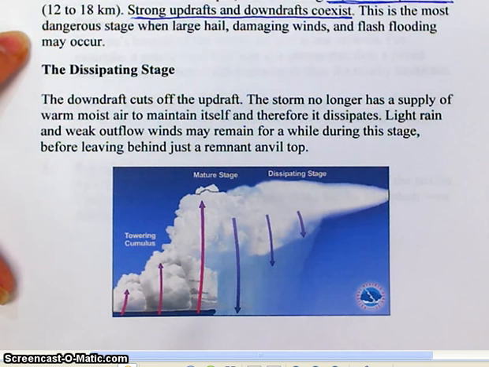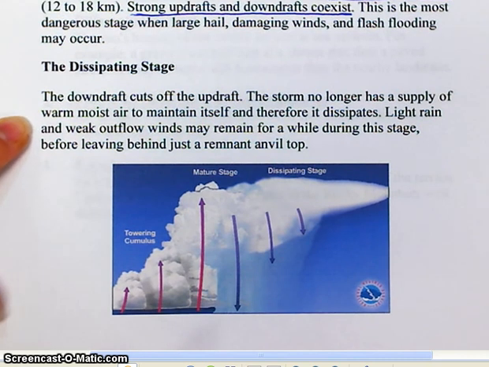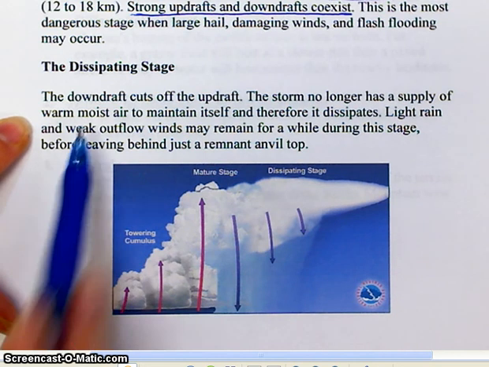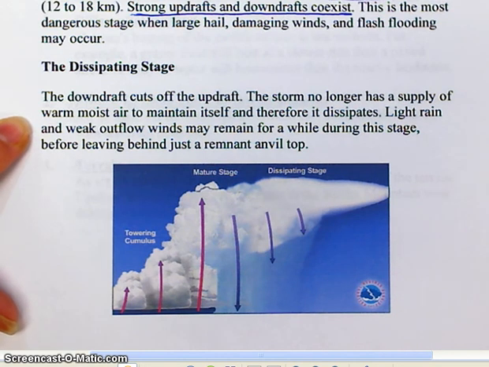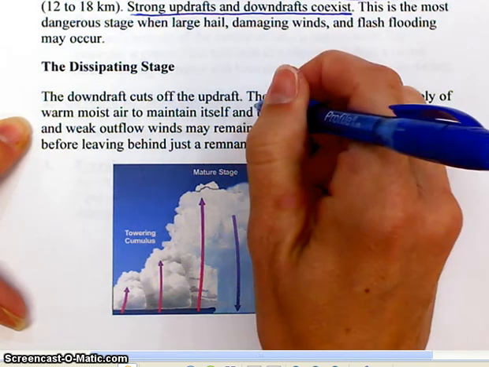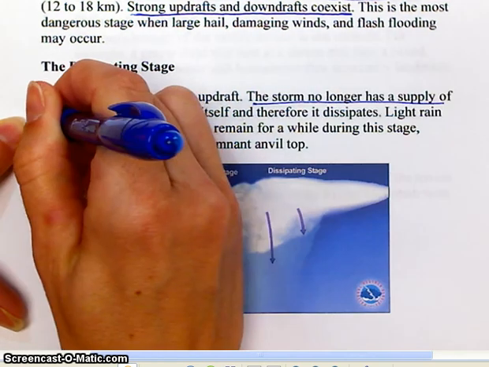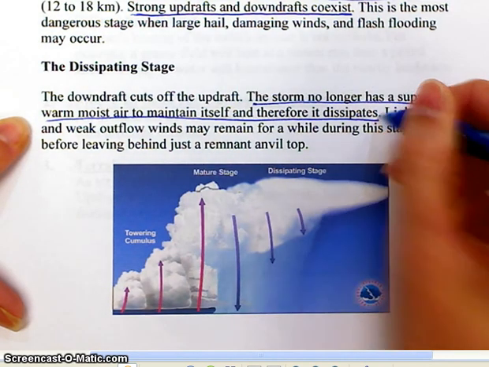And then, after the storm sort of wears itself out, we have the dissipating stage. Dissipating means it's kind of going away. So the downdraft cuts off the updraft, the storm no longer has a supply of warm, moist air to maintain itself, and therefore it dissipates. It kind of slowly goes away.